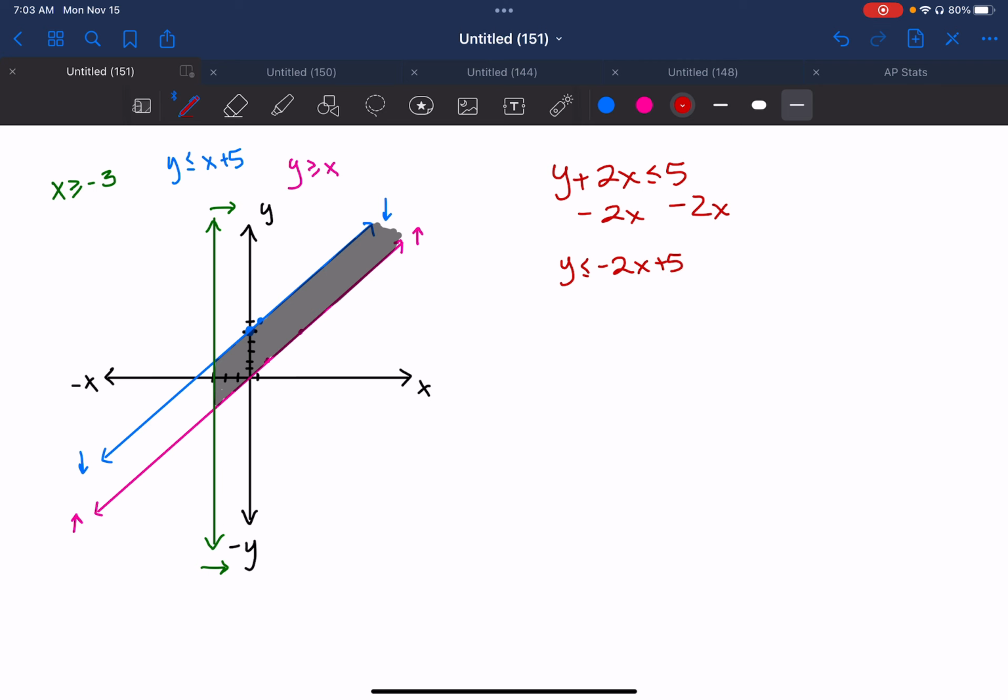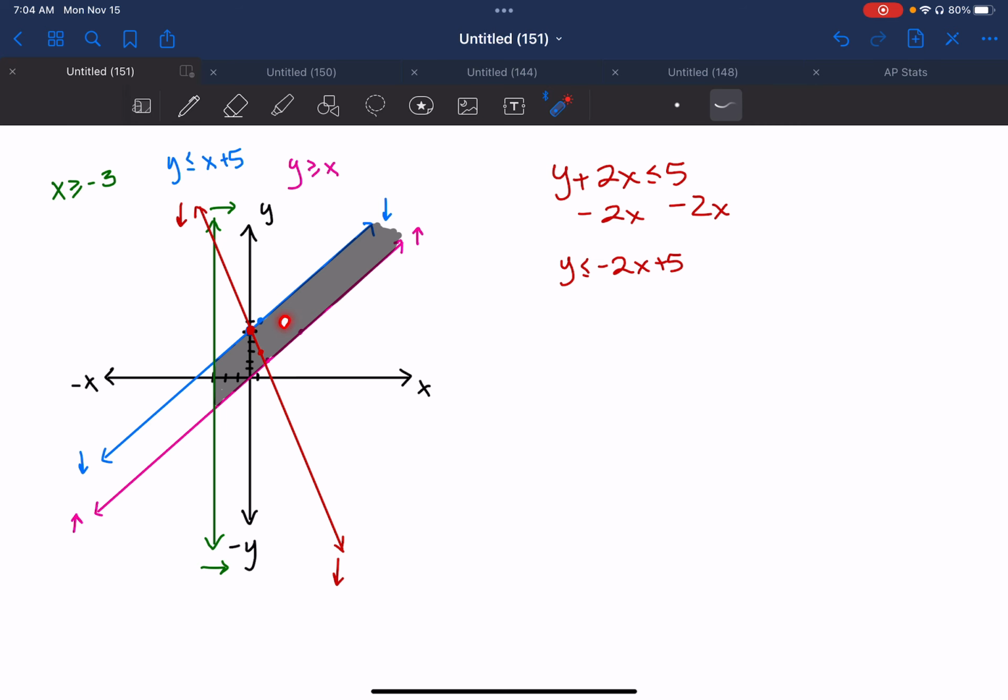So, once again, it's just graphing a line. And that just takes practice. So, plus 5, I'm going to go down 2 over 1 and come in and connect my dots like so. And y is less than, which means I'm coloring below this line.